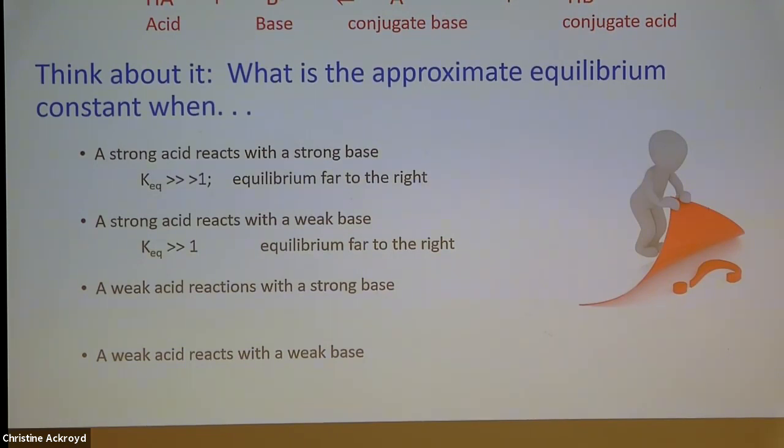How weak is it? It's unreactive in water. Okay, where does equilibrium lie? All the way to the right, because the conjugate acid of that strong base is not going to react back. So equilibrium lies all the way to the right. Okay. But this is a situation where we have to extrapolate and figure it out. A weak acid reacts with a weak base.